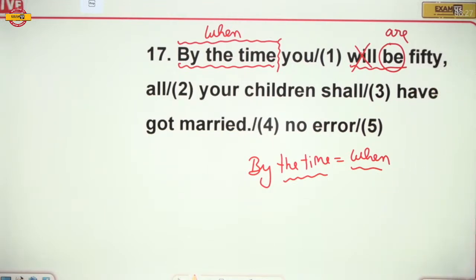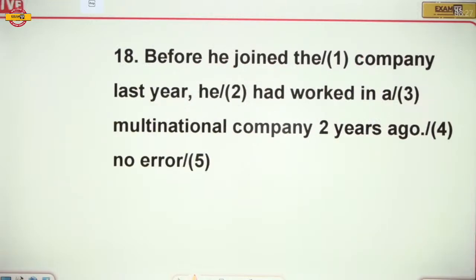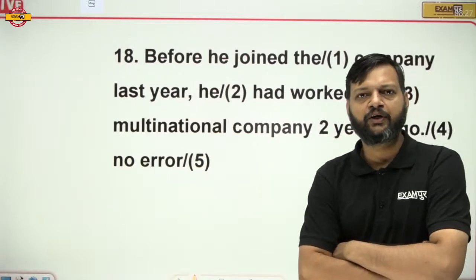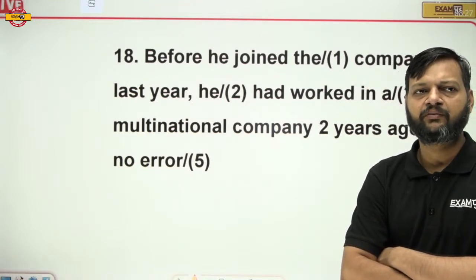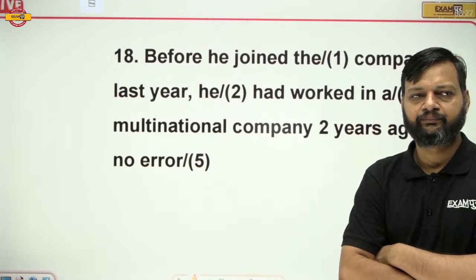Now the next one. Before he joined the company last year, he had worked in a multinational company 2 years ago. What is the error in this sentence? Before he joined the company 2 years ago, he had worked in a multinational company 2 years before.